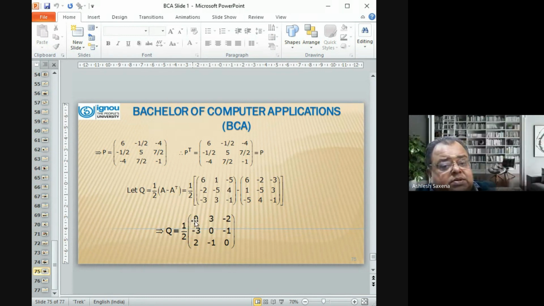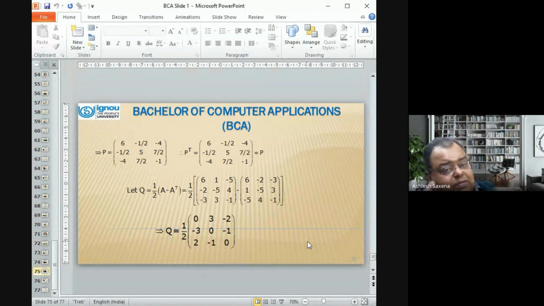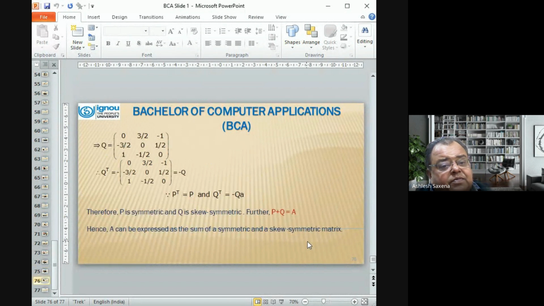Now what I will be doing? P has been found, Q has been found. There is a method after calculating these.